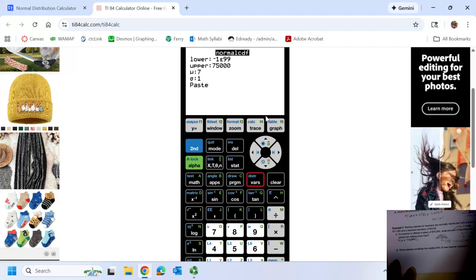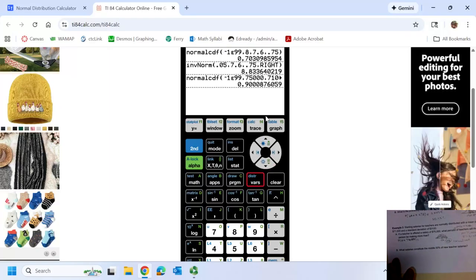My mu is 71,000. And my sigma is 3120. So that person would be making more than, it goes on with zeros, 90% of all of the other starting salaries.